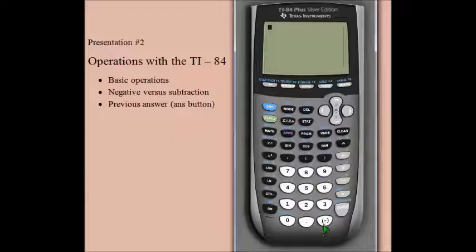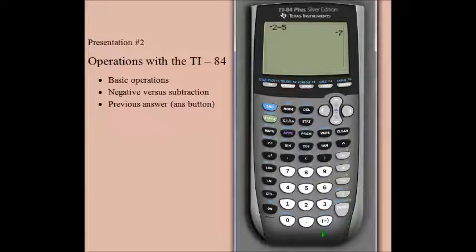In order to find negative 2, I have to use this button down here. This is my negative. I have negative 2 minus 5 should be negative 7, and it is. The only way to make my number negative is to use this.